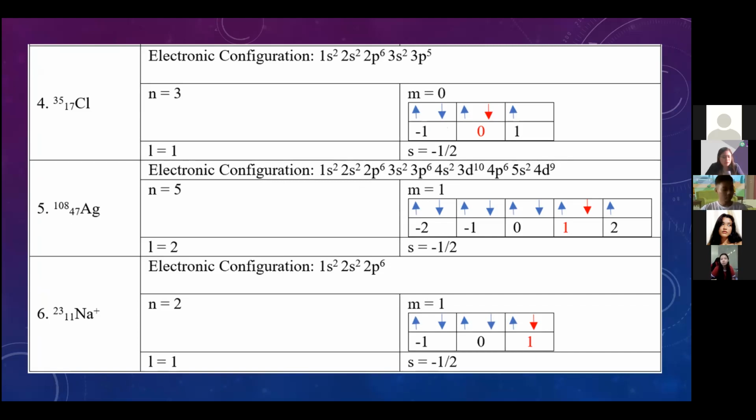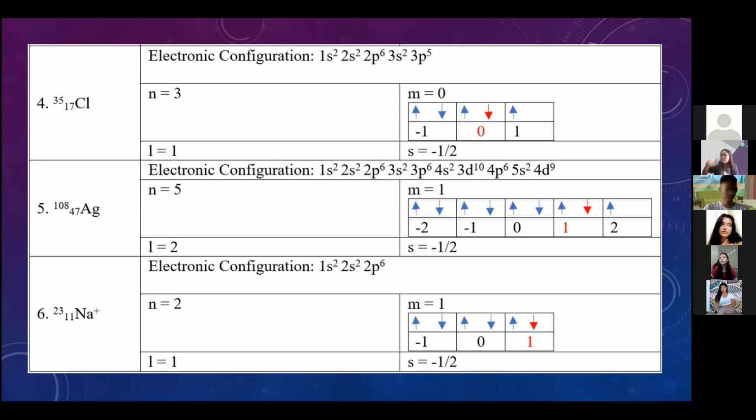Magallanes, for number 4, we have chlorine, and its atomic number is 17. We were able to get this electronic configuration with the help of the guide. So we have 1s2, 2s2, 2p6, 3s2, and 3p5. You may have noticed that our last electronic configuration is 3p5.